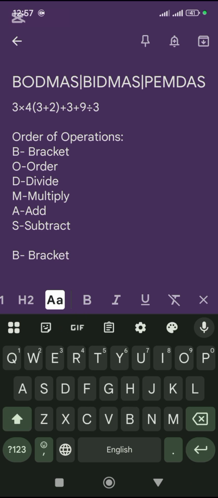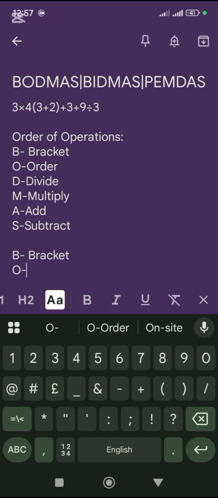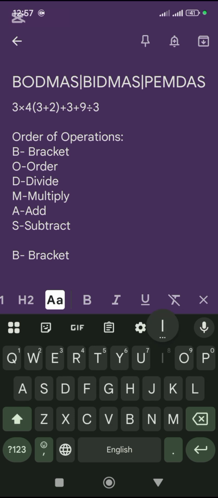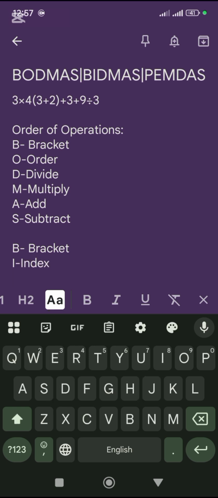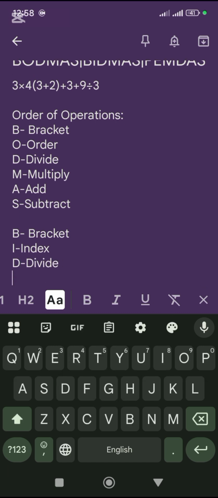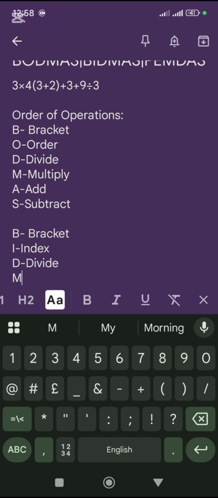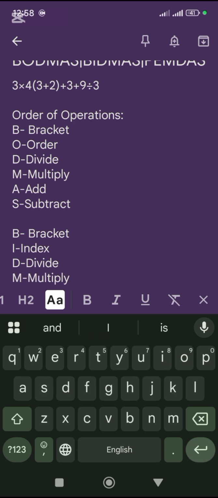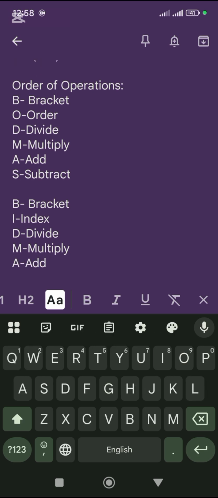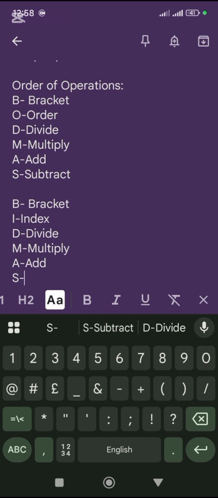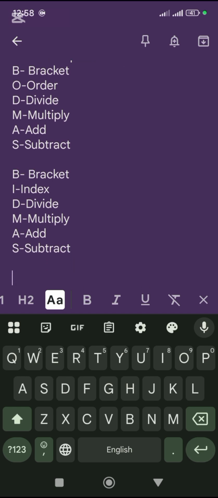The I stands for index, and the D stands for divide, the M stands for multiply, the A stands for add, the S stands for subtract.